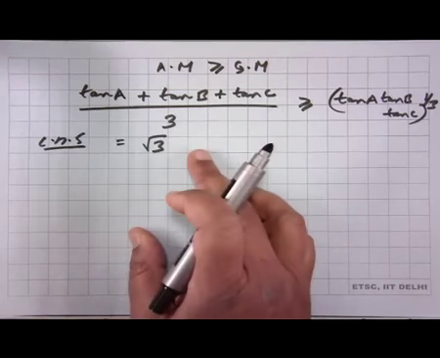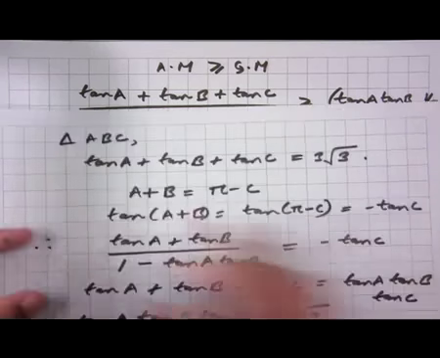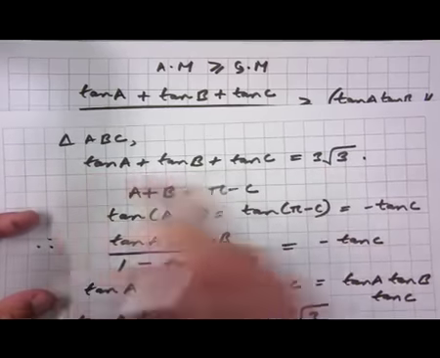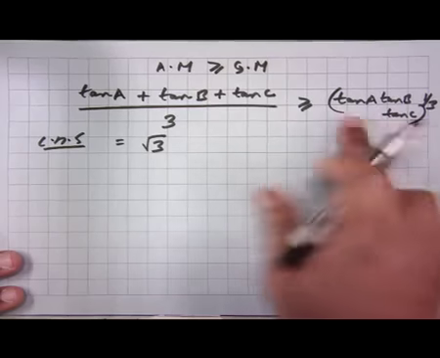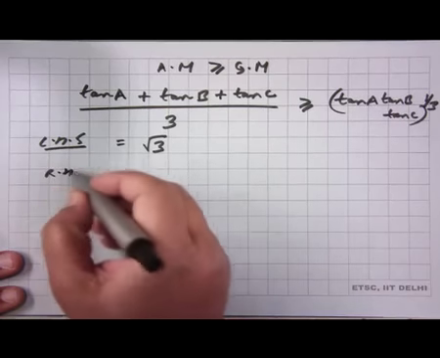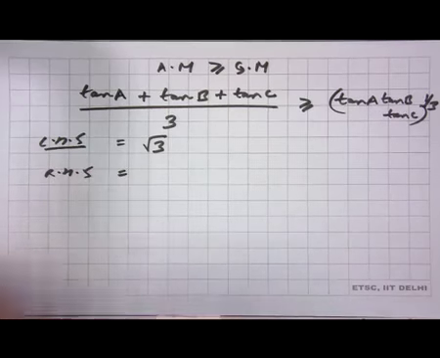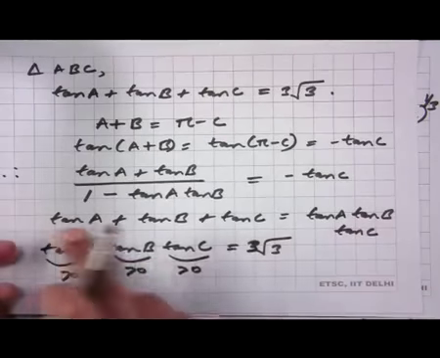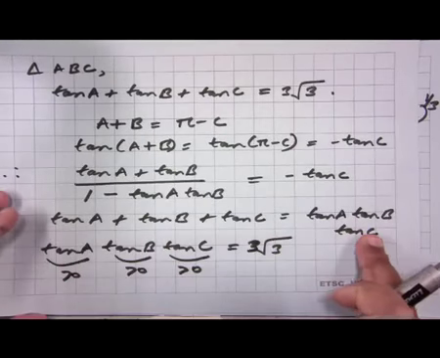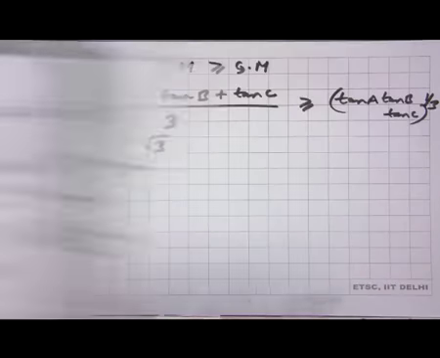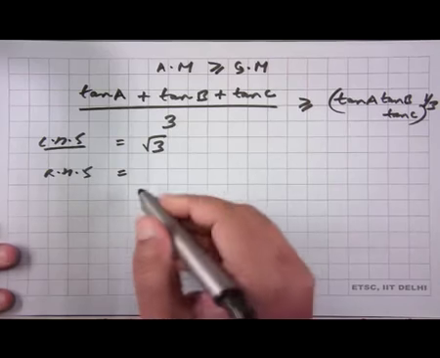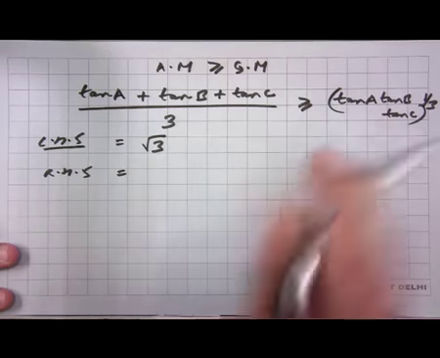That is because we initially started with this equation. The right hand side, which is this, will be equal to, since in any triangle we have already shown this equality, the product of the tans is 3 root 3 for this particular problem.